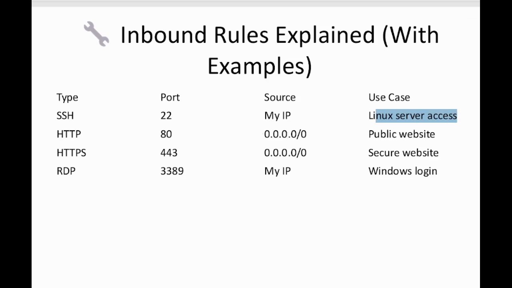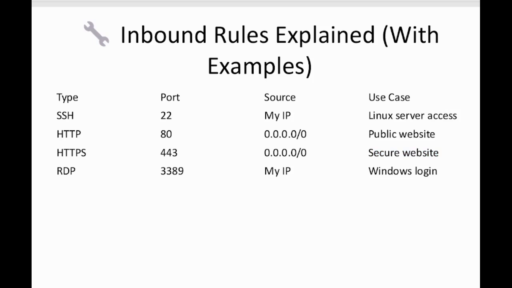Second one is HTTP. These are all inbound traffic. HTTP works on port 80. Source can be any IP, and the use case is a public website. Mainly it is used for public websites. And HTTPS, S means secure. For this, port 443 is used, with the same IP address, and its use case is secure websites.